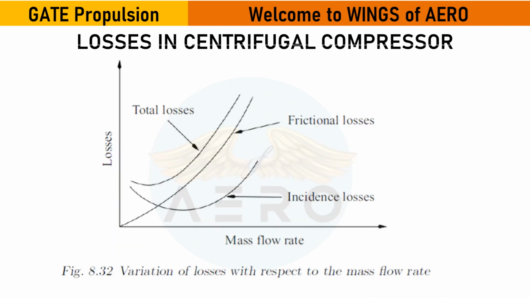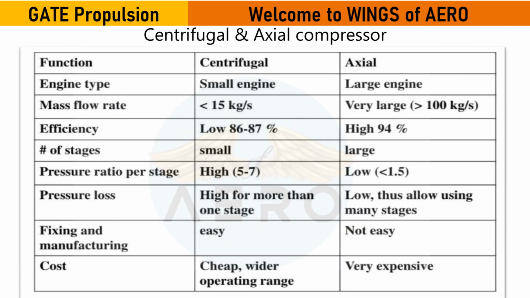Okay, now this is a general understanding of the difference between axial and centrifugal. This difference will also be helpful when you are going for application-based questions: what is the range of mass flow rate, which engine it is applicable to, what is the range of efficiency, especially the pressure ratio, and the cost.